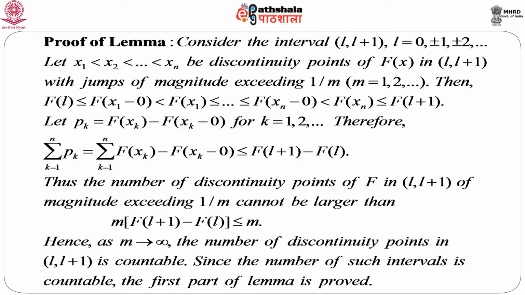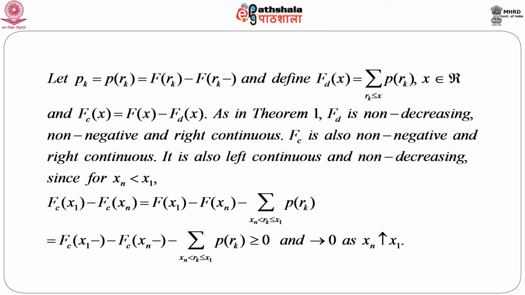Next, suppose we define p k as p of r k, which is f of r k minus f of r k minus. This means the left continuity may not be ensured, but right continuity is there because f is a distribution function.